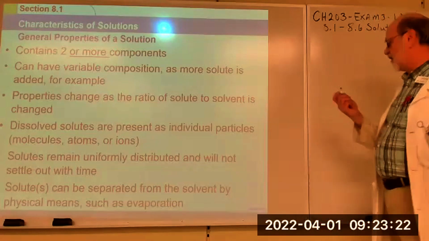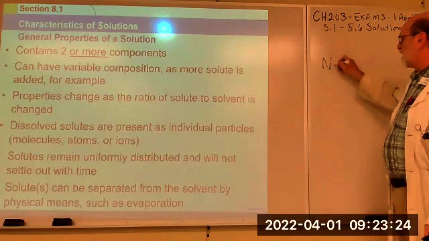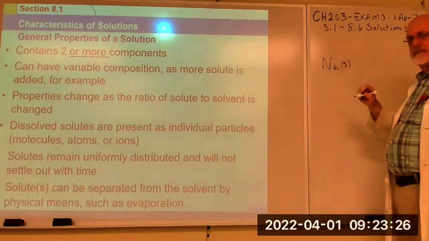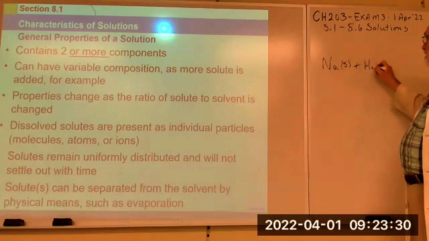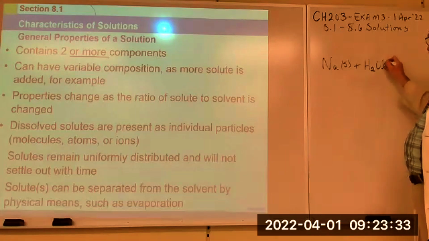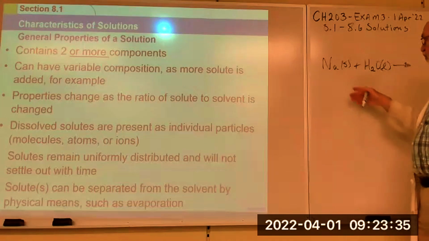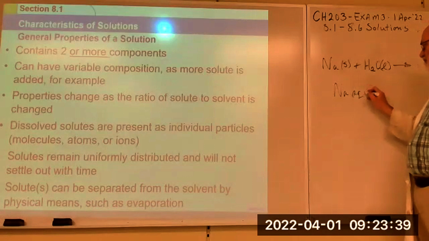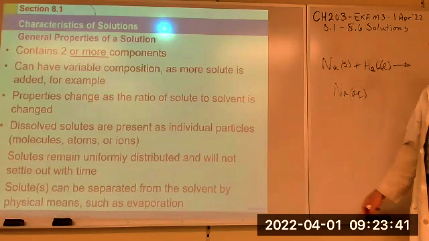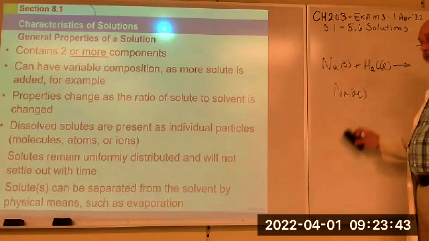A perfect example of that: if you take a chunk of sodium and put it in water, it won't just be sodium dissolved in the water. It doesn't happen that way, because sodium will react with water.